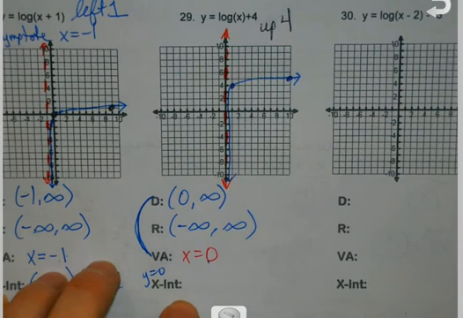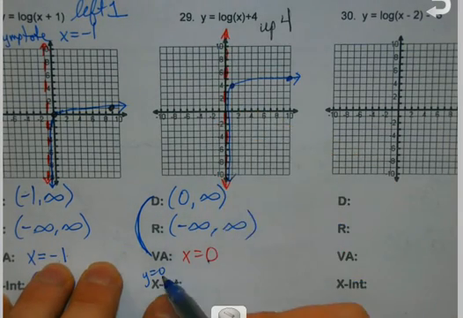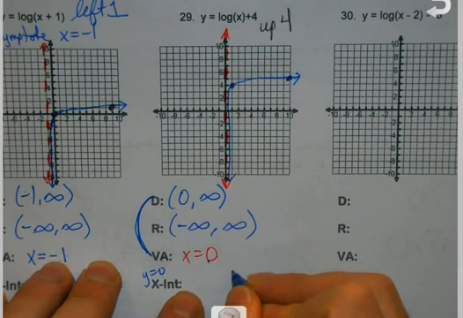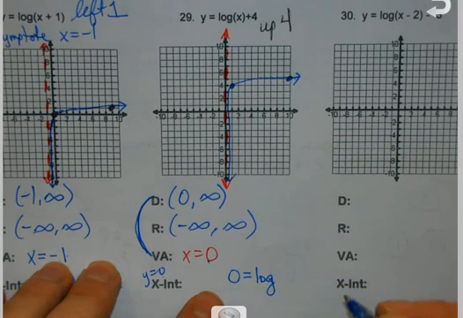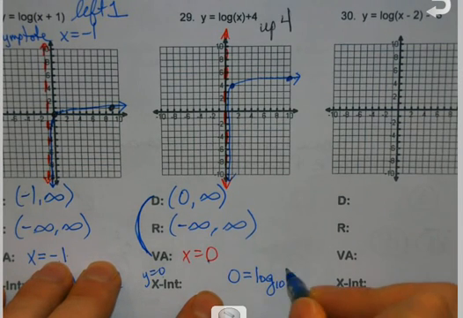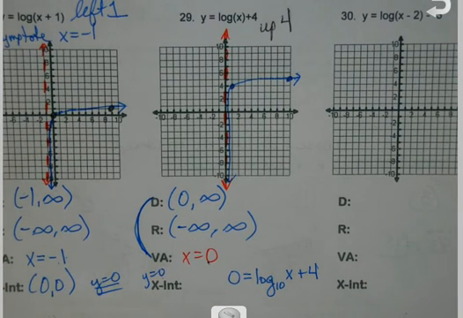If I'm going to do this algebra-wise, I'm going to take my equation here and plug the 0 in for y. So 0 equals log. What's that little base number with log again if I don't see one? 10. So log base 10 of x plus 4. My job is going to be to figure out what x is.